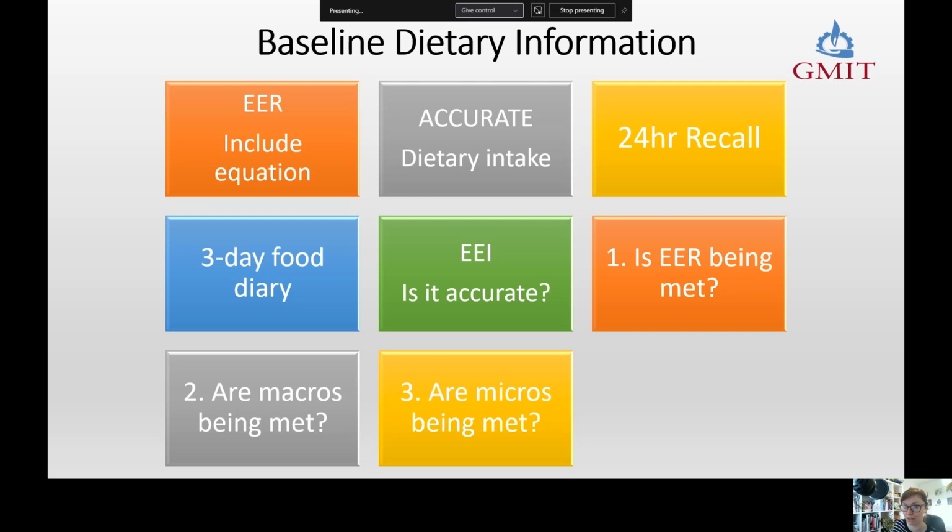The next thing we want to look at then, what about their micronutrients? Particularly for young athletes, we probably want to look at iron and calcium and make sure that you're using the correct RDAs. In Nutritics, depending on what RDA you're using, make sure you're using the right RDAs there.